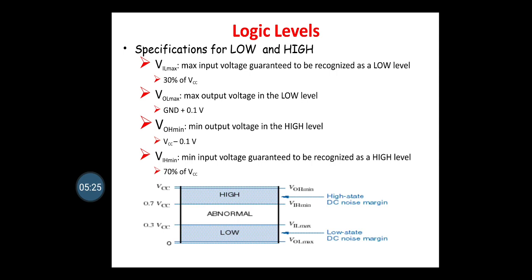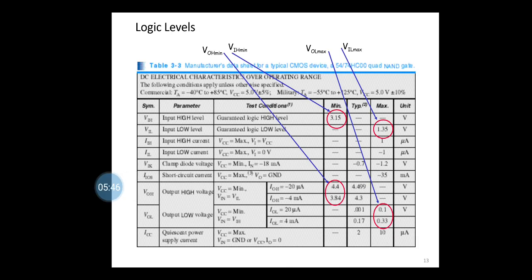VOH minimum is the output voltage in the high level, and that should be VCC minus 0.1 volts, and VIH minimum is the input voltage guaranteed to be recognized as a high level, that should be 70% of VCC. In the data sheet it is mentioned, it is marked here. You can see VOH minimum, VIH minimum, VOL max and VIL max.